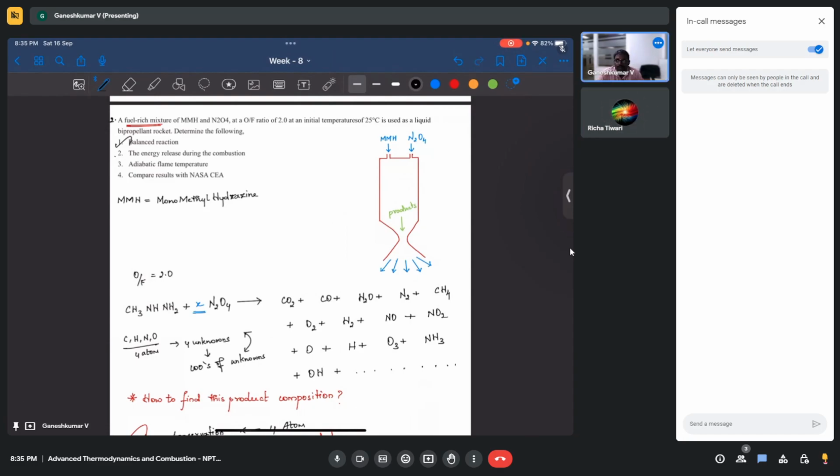Based on the questions which have been asked in the assignment, those are actually similar to what I solve and what the professor solves in the class.